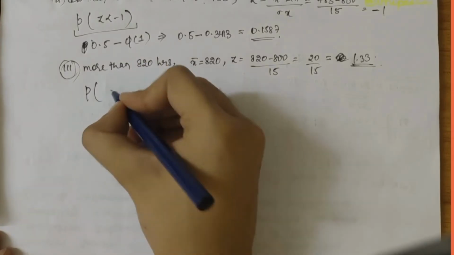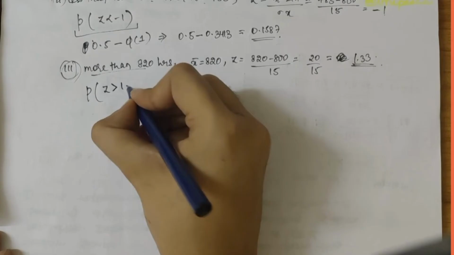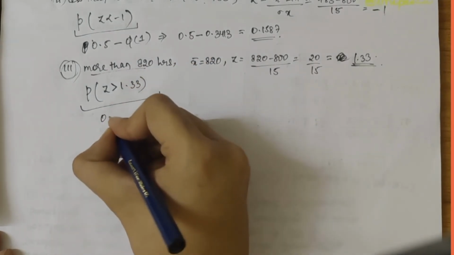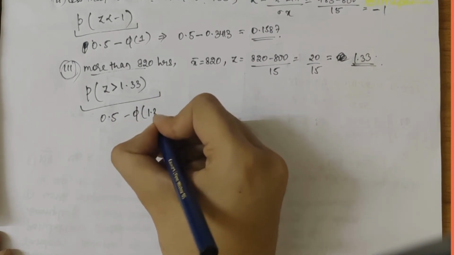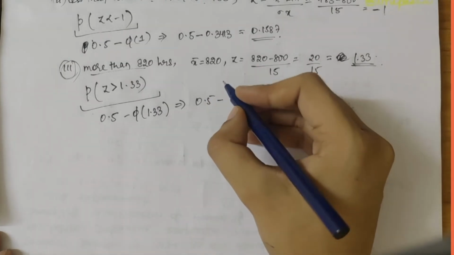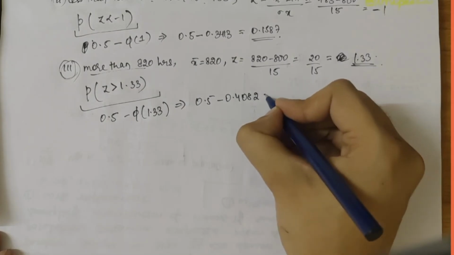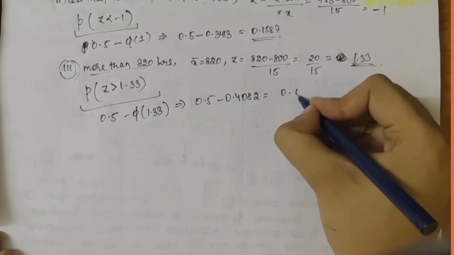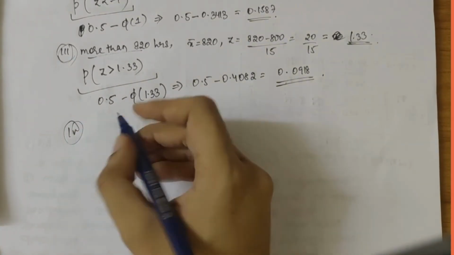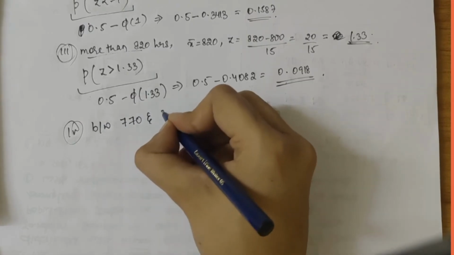So P of z greater than 1.33. Whenever it is of this form, you can write it as 0.5 minus phi of 1.33, that is 0.5 minus 0.4082, which is 0.0918.